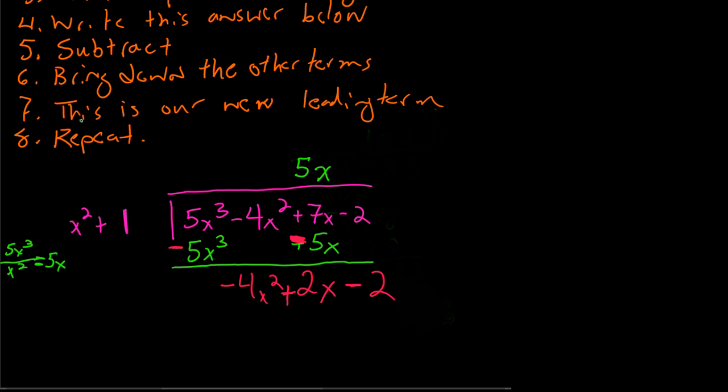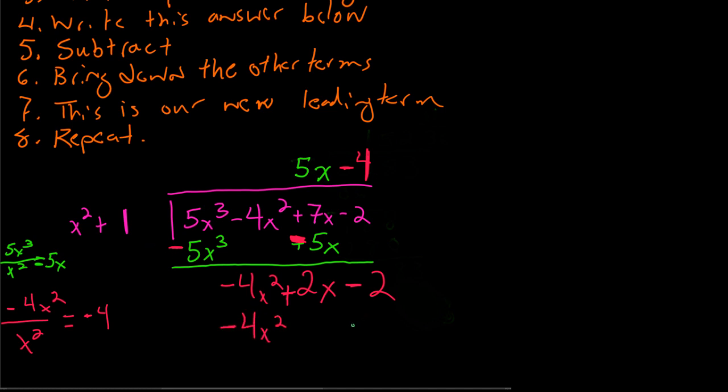So now I repeat. I take negative 4x squared and I divide it by x squared. The x squareds cancel and I get negative 4. So negative 4 is going to go up here. I multiply this across the divisor. So negative 4 times x squared is negative 4x squared.